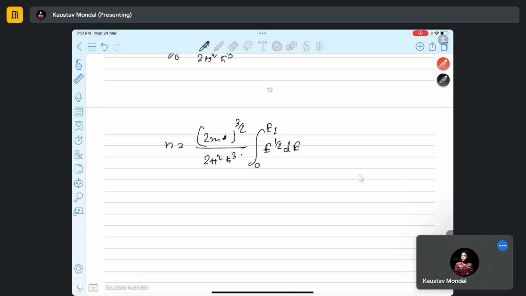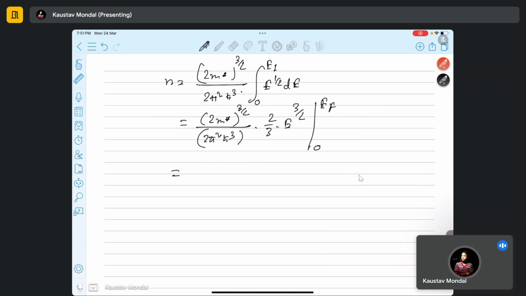Now, if you do the integration of E^(1/2) dE, that simply gives you (2m*)^(3/2) / (2π² ħ³) times (2/3) E^(3/2), and the integration limit will be 0 to EF.